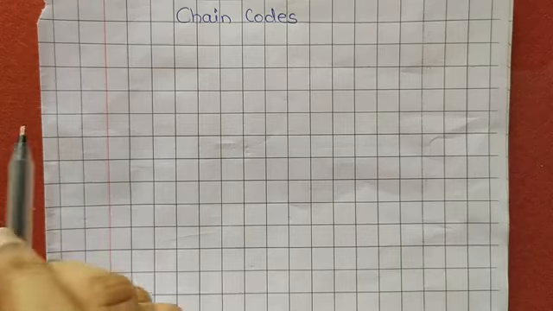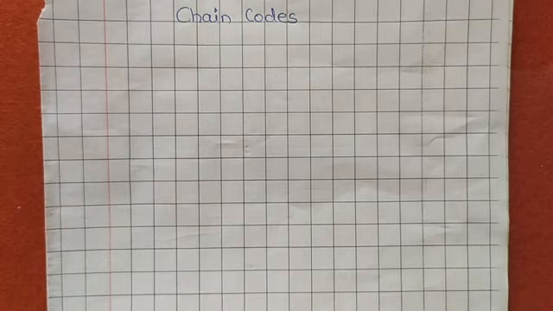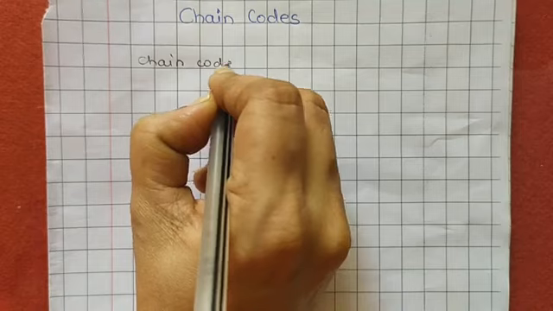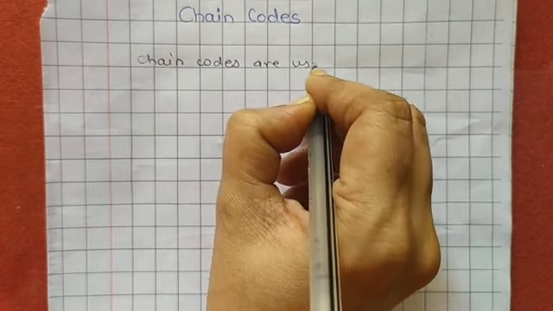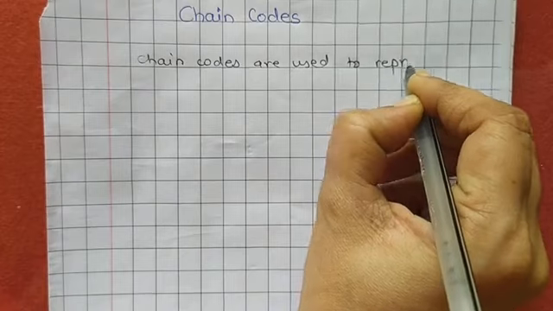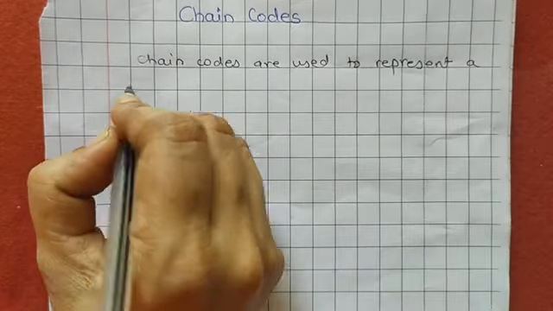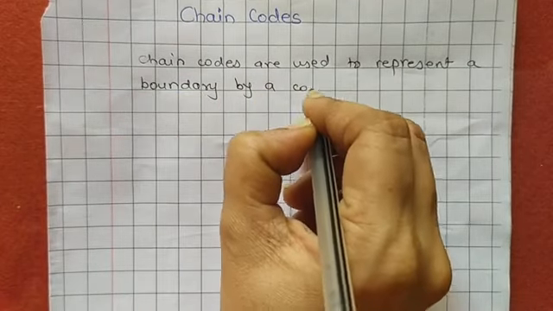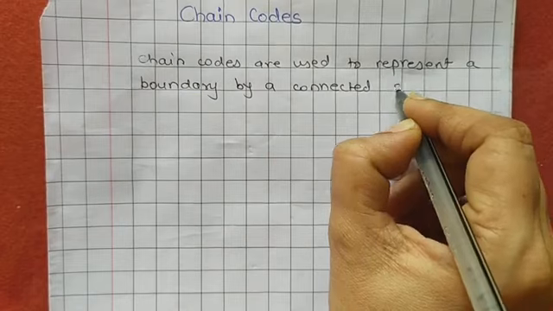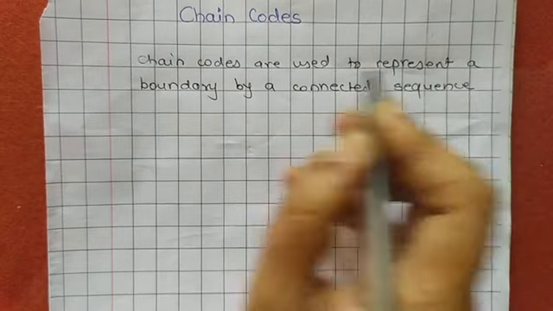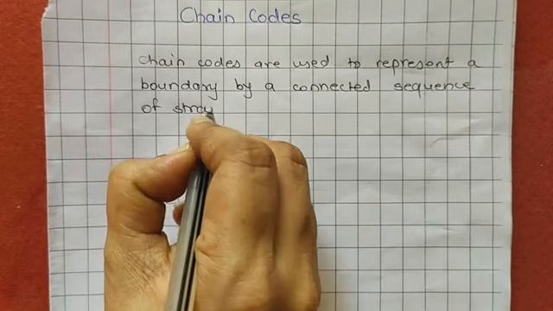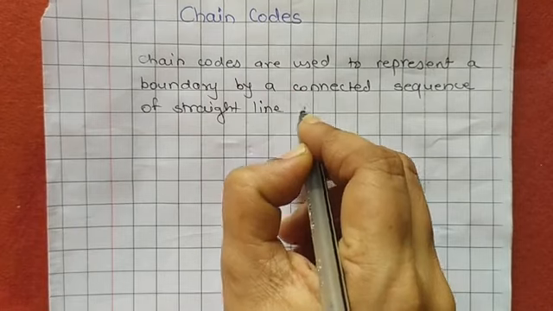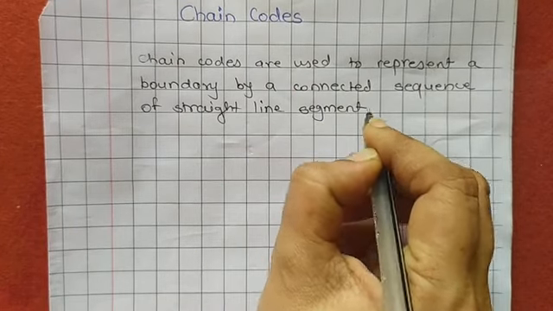So, welcome. Today's topic is chain codes. Chain codes are used to represent a boundary by a connected sequence of a straight line segment.